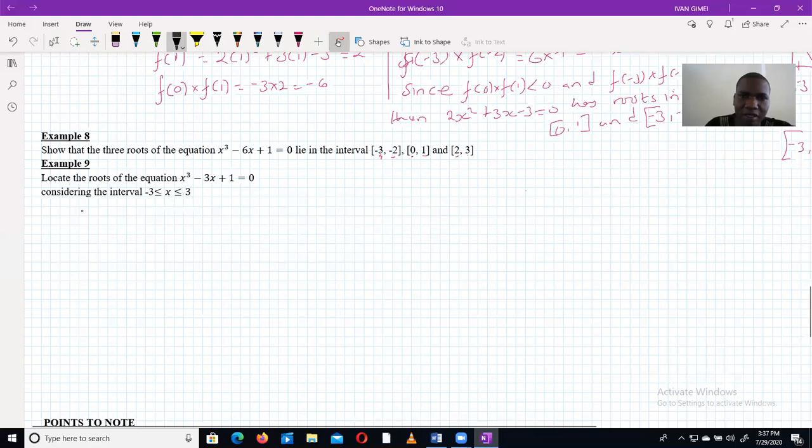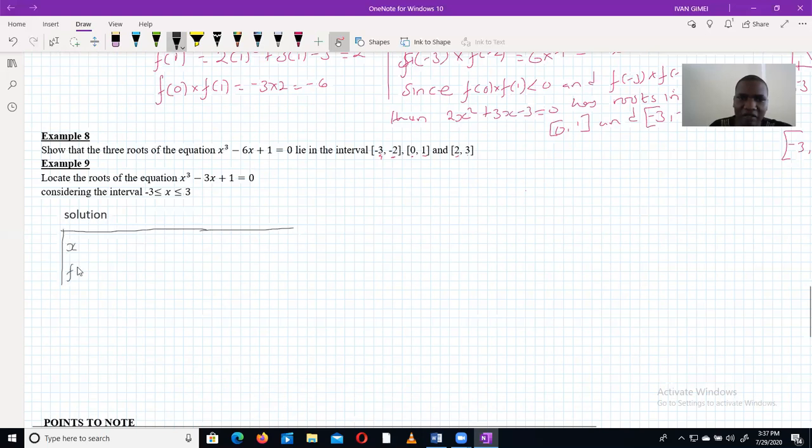So I'll simply say, let's say solution. Under this solution, we're going to split the domain. So we're going to have x values in the form of a table. I'm going to draw some simple table here. Then I'll have the x values and I'll have the f of x values.